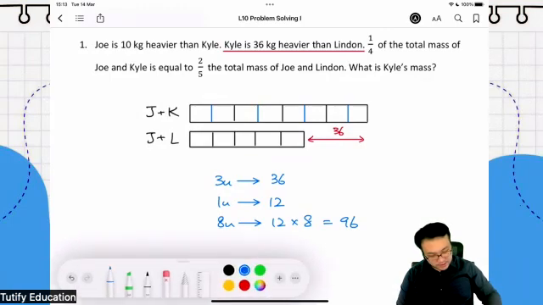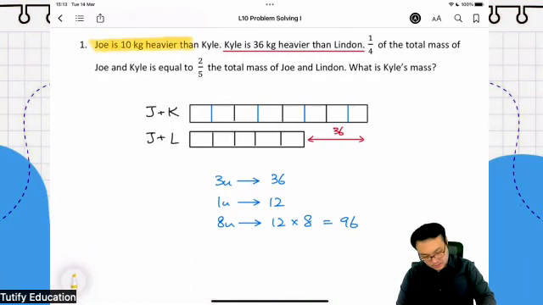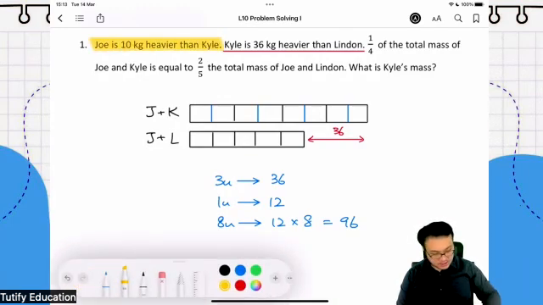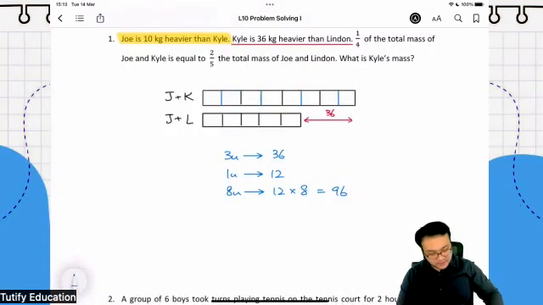So if we read this sentence here, Joe is 10 kg heavier than Carl. So if I want to draw that out, I can just say that Joe is 10 kg heavier than Carl. And the total Joe plus Carl is how much?